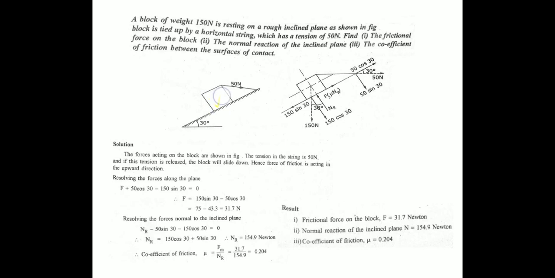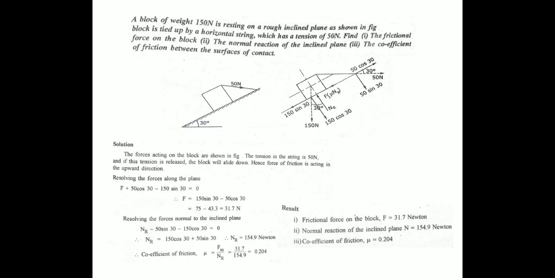So the block weighs 150 Newton, the block is kept on an inclination of 30 degrees and the block is tied with a tension of 50 Newton. Since there is a tension, the block may move in the direction towards the tension, so the friction will act in the opposite direction.